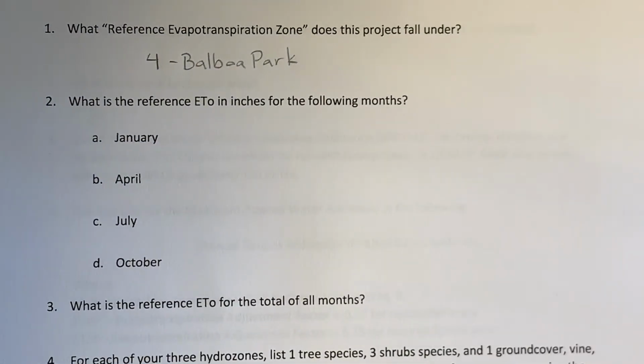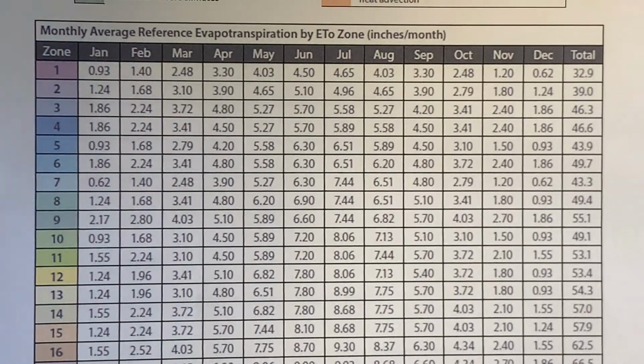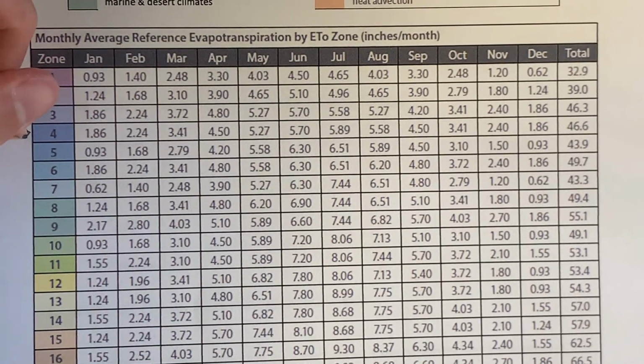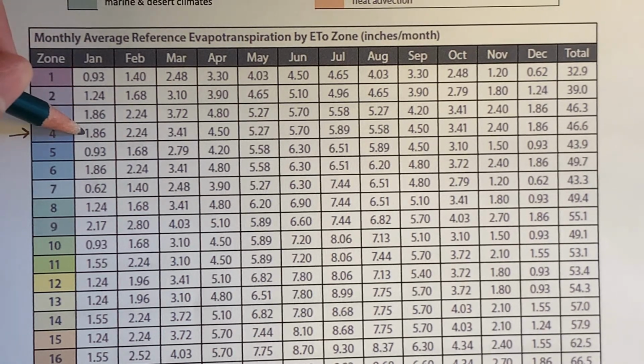What is the reference ETo in inches for the following months? We take a look at the chart for zone number 4. For January, it is 1.86.